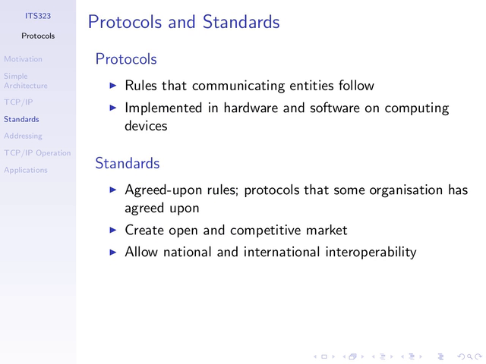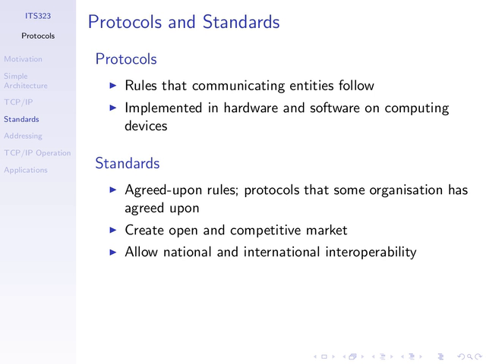We know what a protocol is, a set of rules to communicate between 2 or more entities. A protocol is implemented either in software or in hardware. A standard is agreed upon rules. Some organisations agree upon using a particular protocol. That becomes a standard. Everyone uses it.